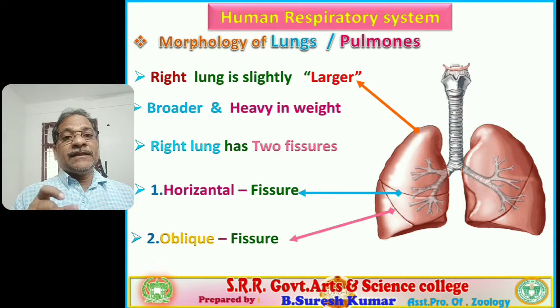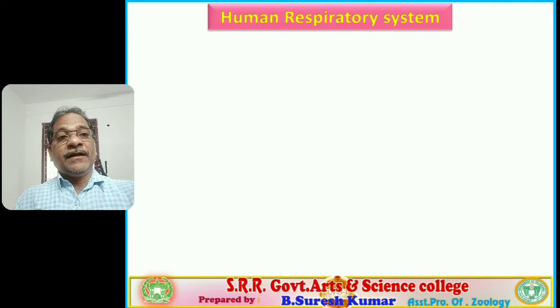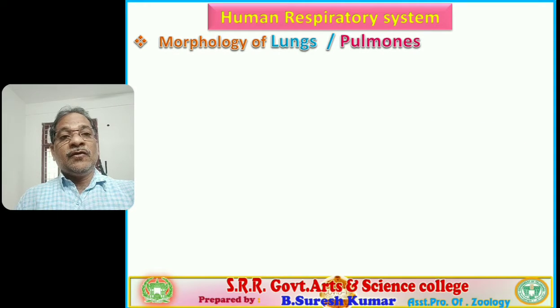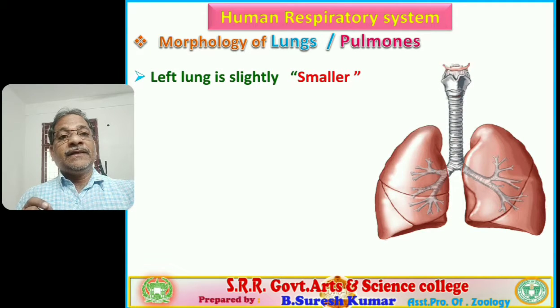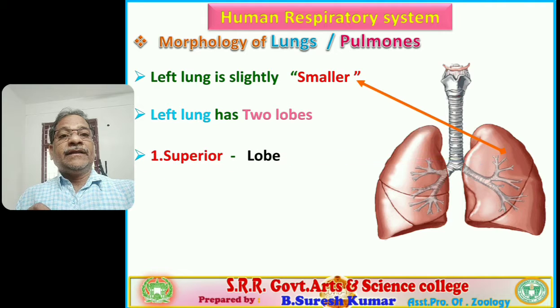These two fissures divide the right lung into three lobes. The left lung is divided into two lobes by a single fissure, but the right lung is divided into three lobes by two fissures. Correct. That is the difference.